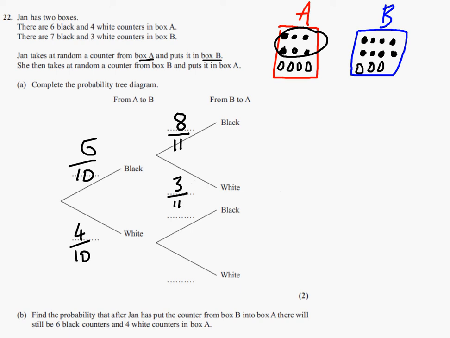Now, if it wasn't a black that they'd taken from box A, but instead a white, box B would now have an extra white, the probability of choosing a white would be 4 out of 11, and black would be 7 out of 11.